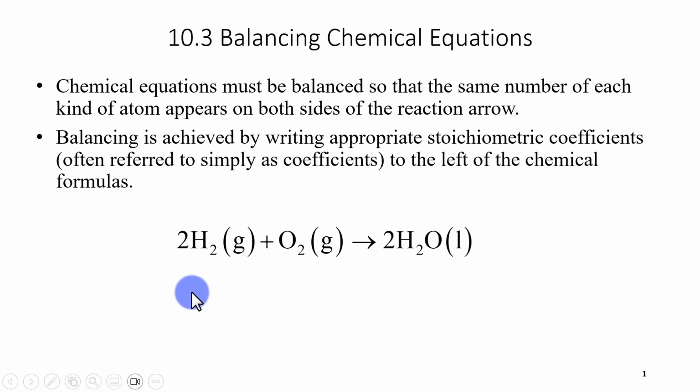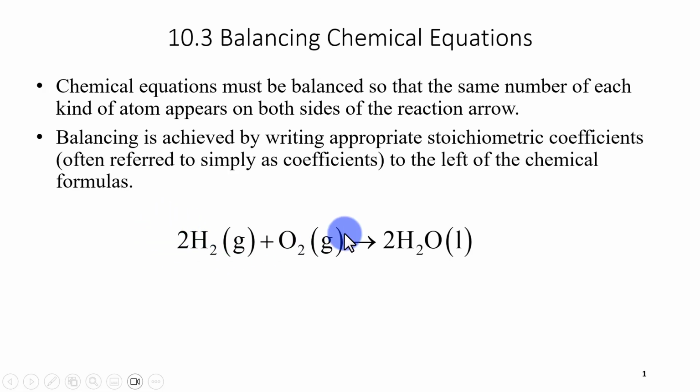The only way that we can balance chemical reactions is by putting numbers in front of the molecules called coefficients. When we balance chemical equations, we mess with coefficients which come in front of the molecules, not with the subscripts. Do not be tempted to change these bottom numbers here.